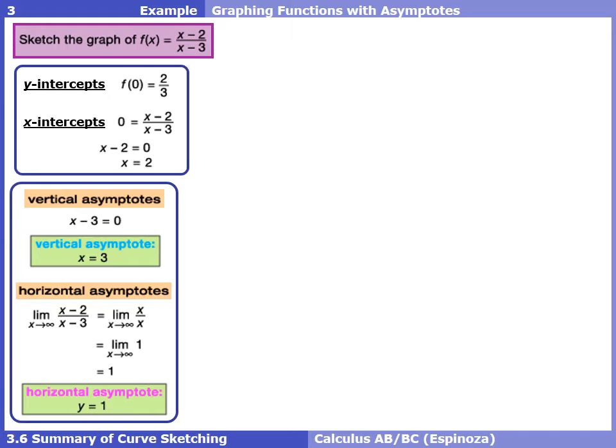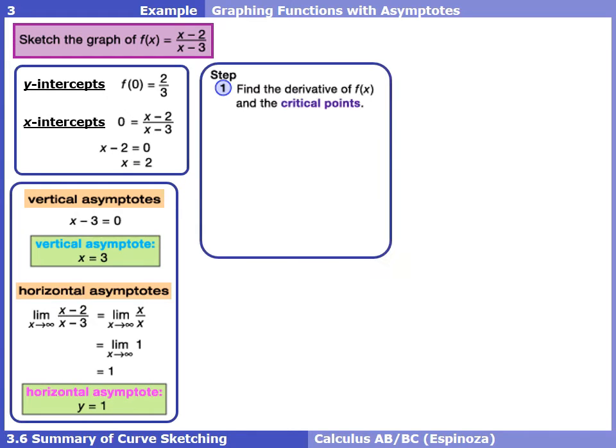Okay, so now we can get back into our first derivative and second derivative analysis. We need to find the derivative to find some critical points. And since we have a fraction, a function over a function, we need to use the quotient rule. So again, if you need to go over the steps of the quotient rule, pause the video, make sure you're okay with that. But once we simplify our first derivative, we'll get -1 over (x minus 3) squared.